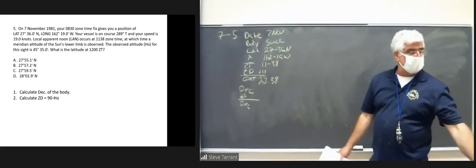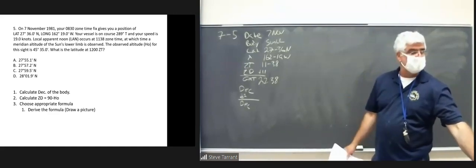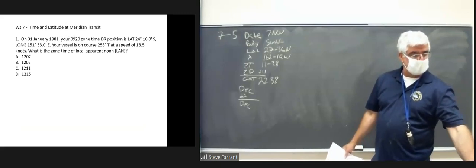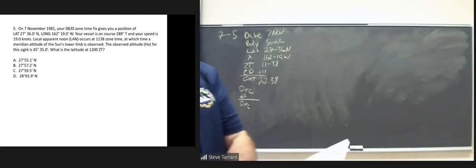We need our HO. Got to subtract it from 90. Choose the formula. We already know what the formula is. Okay, I didn't actually go to November 7th. I don't have a picture of it, but here we go. What page is November 7th? 217? Okay.